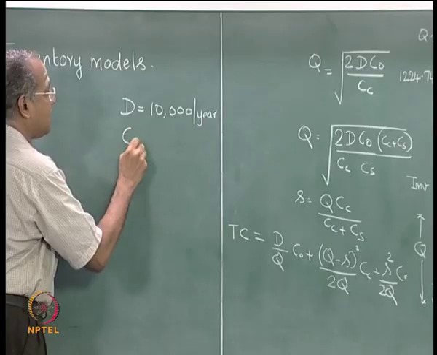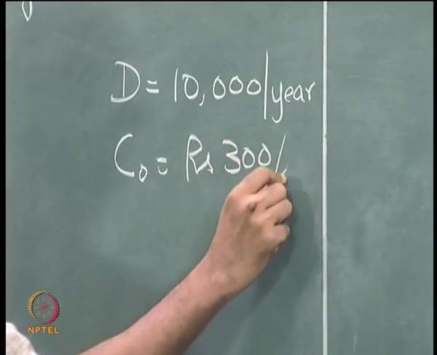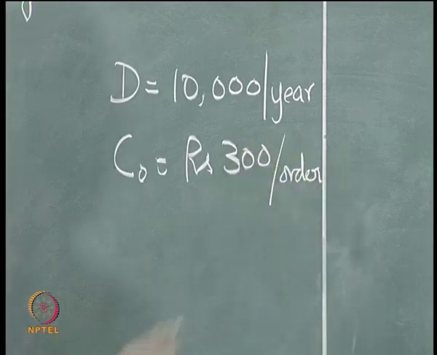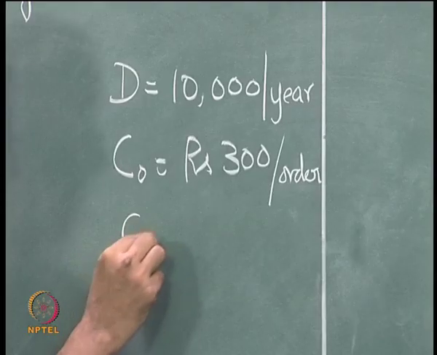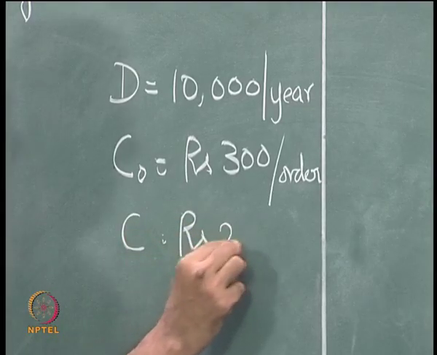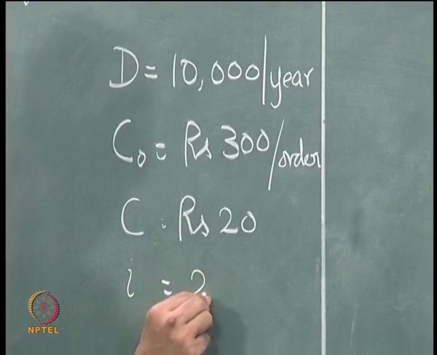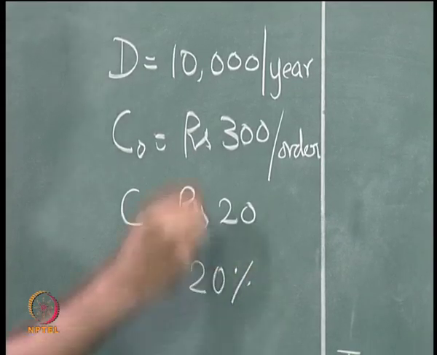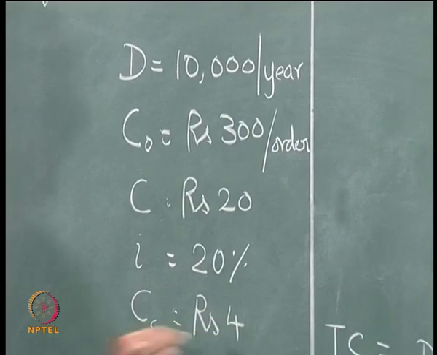We had assumed C naught, which is the order cost, as rupees 300 per order. The unit cost of the item was assumed to be rupees 20 and the inventory holding cost I is 20% of 20, and therefore Cc becomes rupees 4.